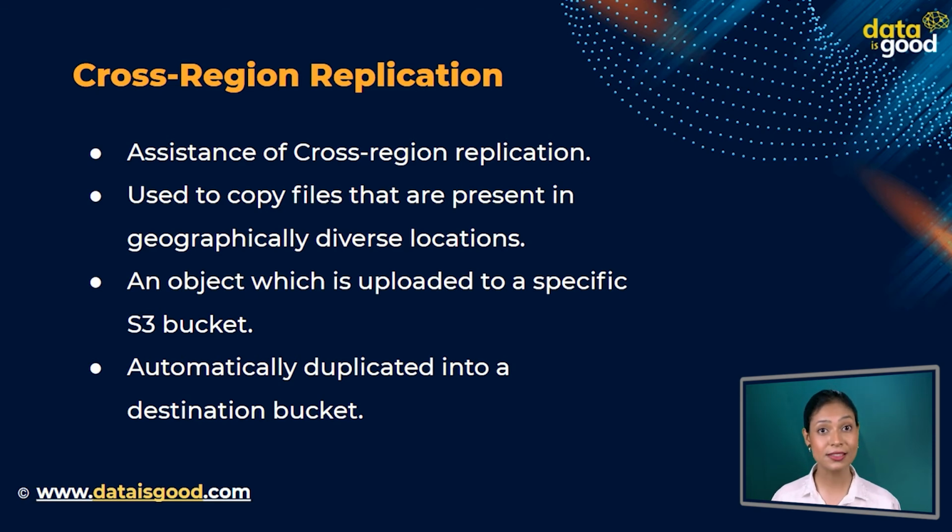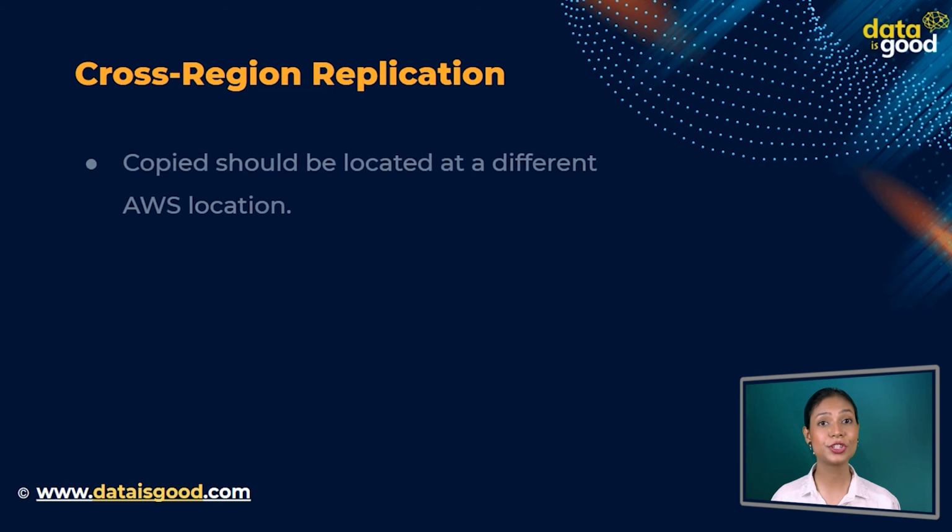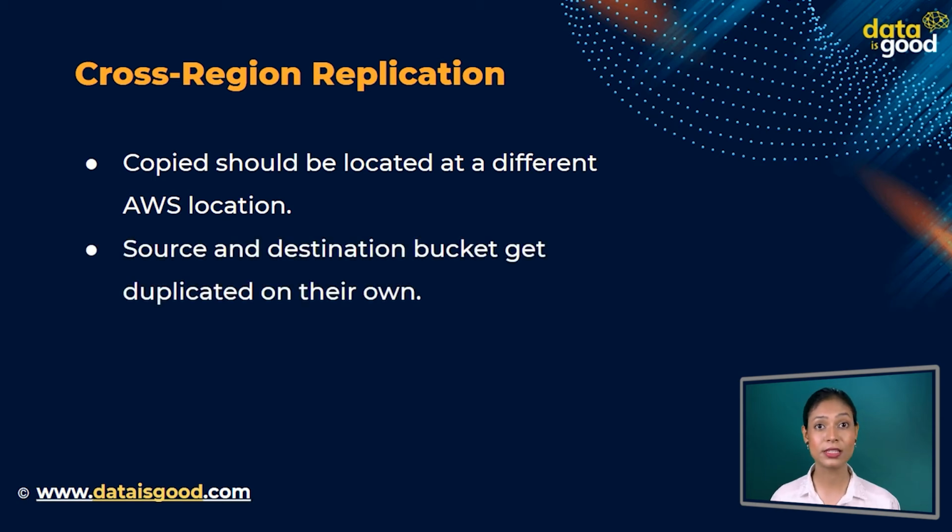As the name suggests, the bucket in which it should be copied should be located in a different AWS location. The objects in the source and destination bucket get duplicated on their own. For this object replication, the replication configuration has to be added to the source bucket so that the data can be replicated easily.